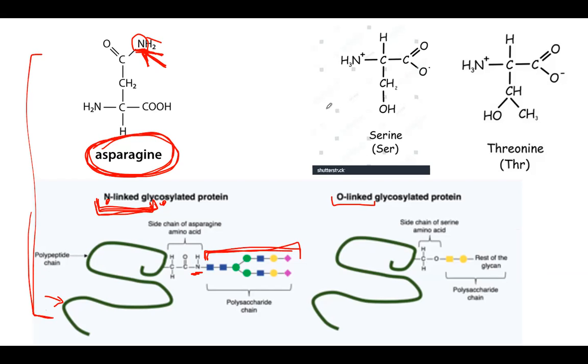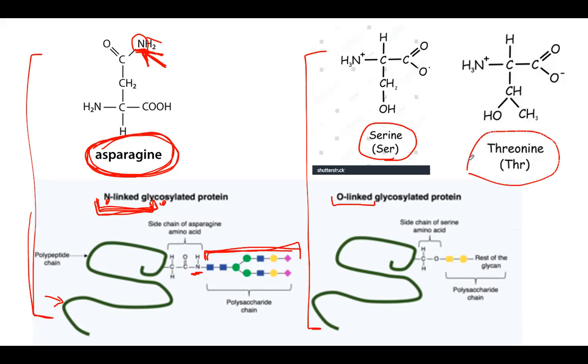For O-linked glycosylation, it's the same concept, except this time, instead of asparagine, you need either serine or threonine. The reason you need serine or threonine is because serine and threonine have an oxygen, and this oxygen is needed for O-linked glycosylation, since O means oxygen.